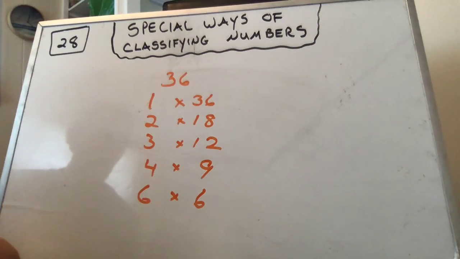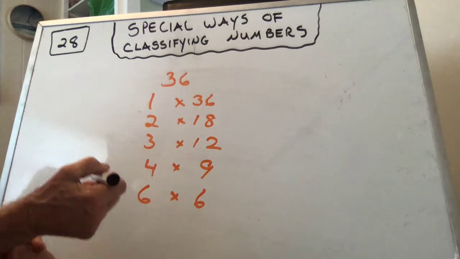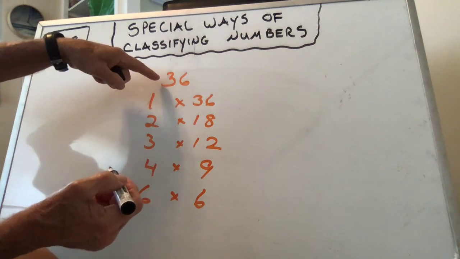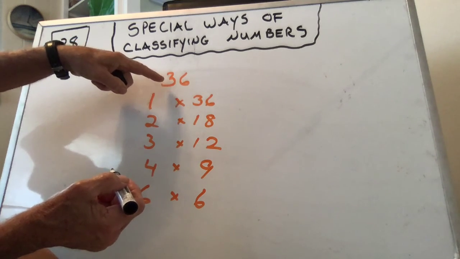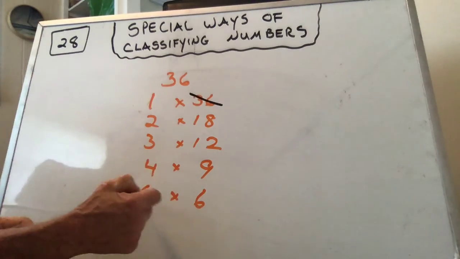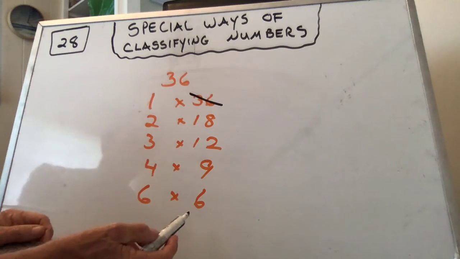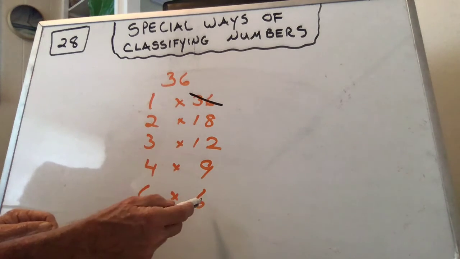But what I wanted to show you was, if you ever get one of these that are perfect squares, like 4 or 16 or 25, 36, 49, you only add one of these 6s, because 6 is a factor of 36. You don't add them both up.